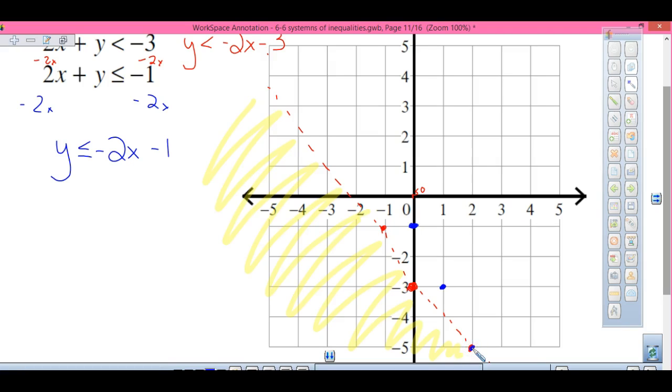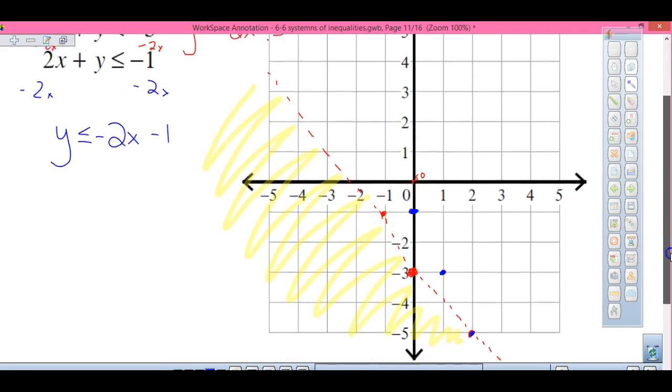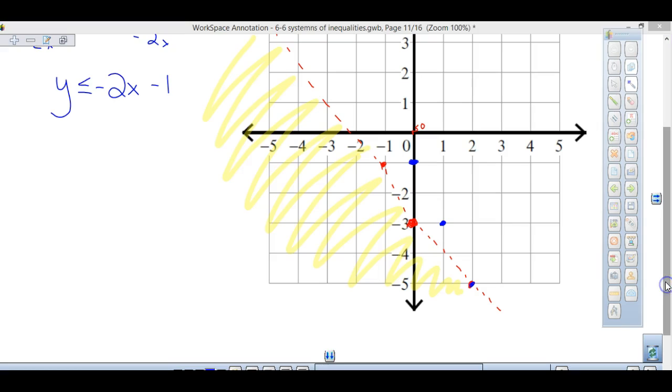Did I do that right? I went down 2 over 1, right? Down 2 over 1, so we're good, right? Okay. So dashed or solid? Solid on this one.